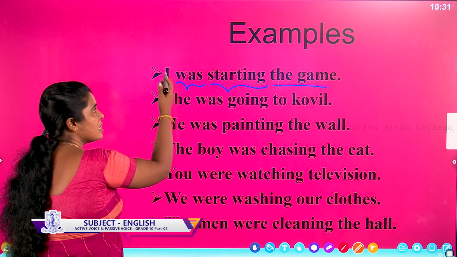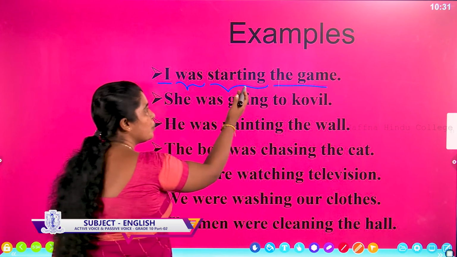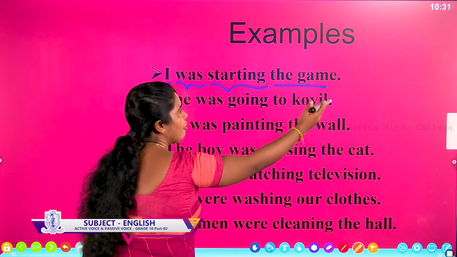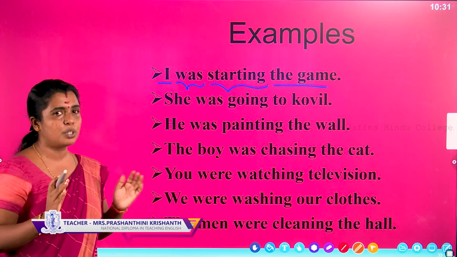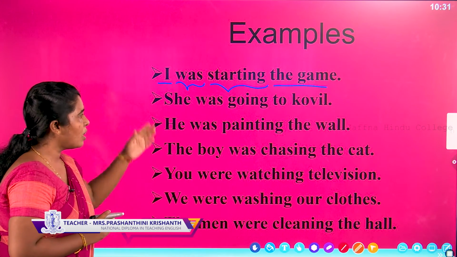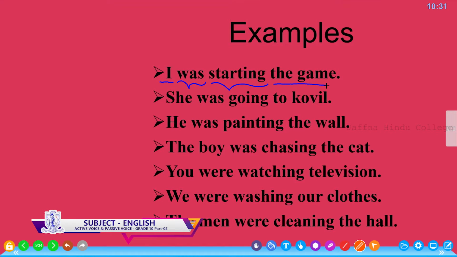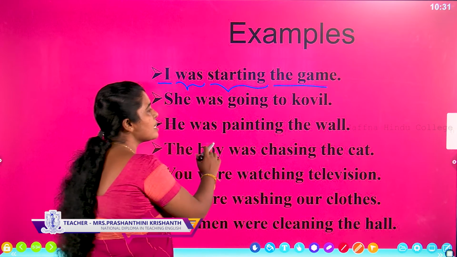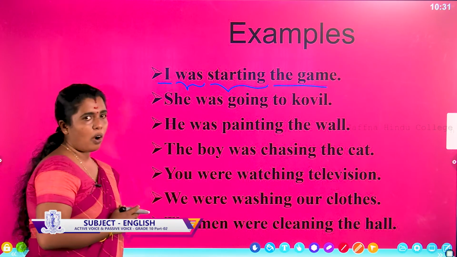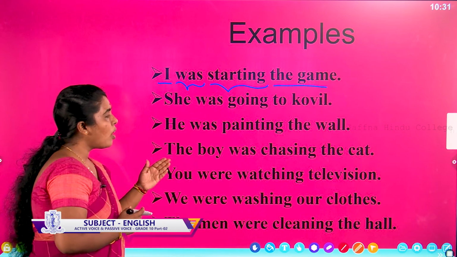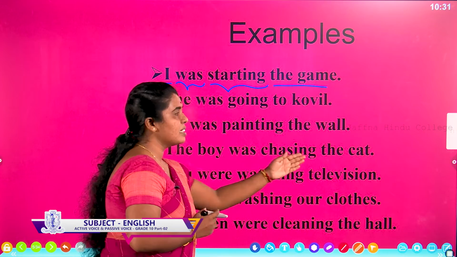So subject, helping verb, after that verb plus ing, finally you have to add the suitable object. Like that you can see other examples too. Second one, she was going to school. She was going to school. So, this is an affirmative sentence, past continuous. He was painting the wall. The boy was chasing the cat.